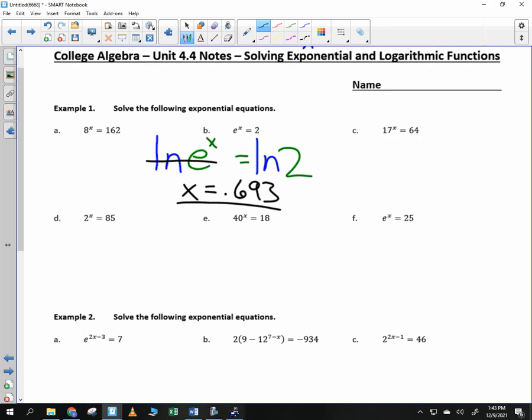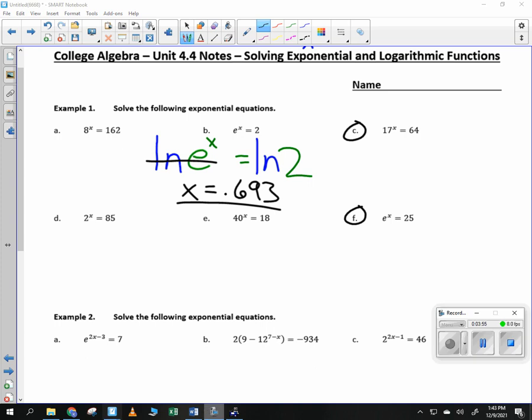You try letter C and letter F on your own. Ready, set, go.